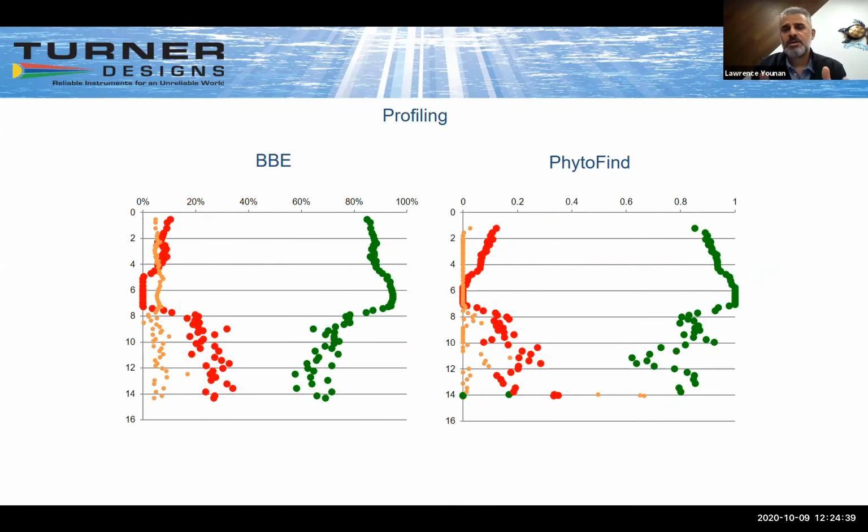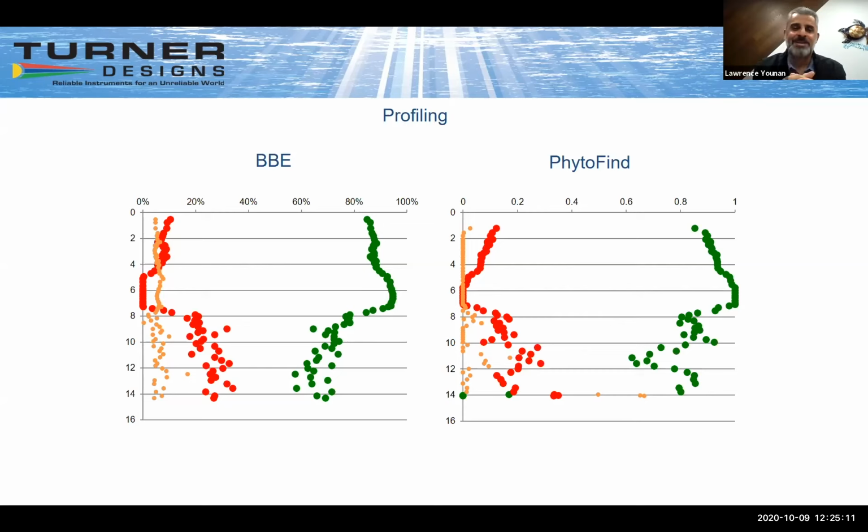And the PhytoFind has also been compared during beta testing with another fluorometer that you may be familiar with, a BBE fluoroprobe. We did side-by-side testing using our beta testers to see how well we compared. And the comparison was actually pretty good, given that the BBE has a lot more bells and whistles. It has, if I'm not mistaken, 5 to 6 channels. So the PhytoFind would be like the BBE's little brother.